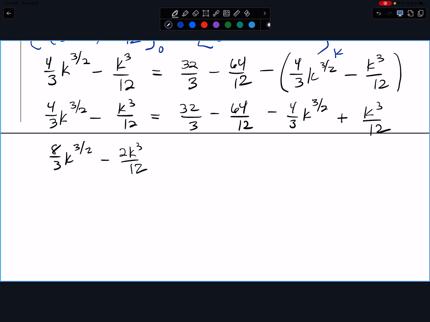And yes, I know that reduces, but I'm going to put it in my calculator anyway, so I don't care. Is everyone cool with that? Equals, since you're using a calculator, I would not simplify this. I would just leave it alone. The solution to this is where they cross on the x-axis. So now you're going to put this into y1, put this into y2, and see where they cross.